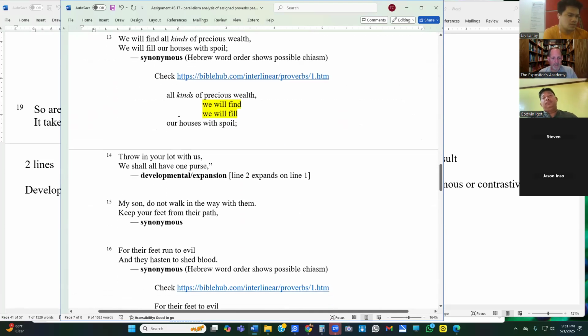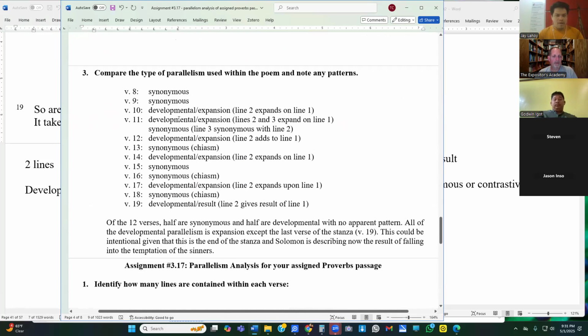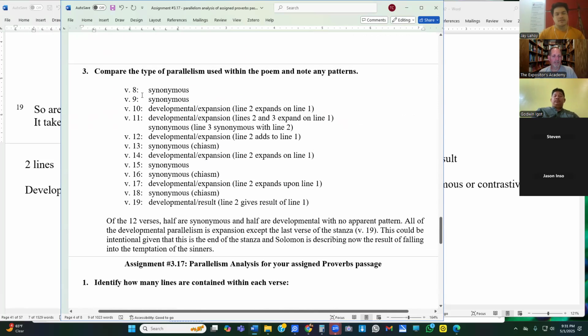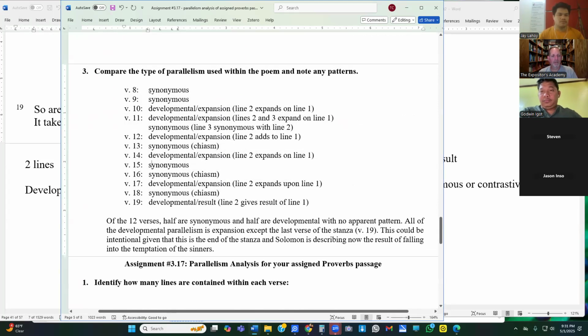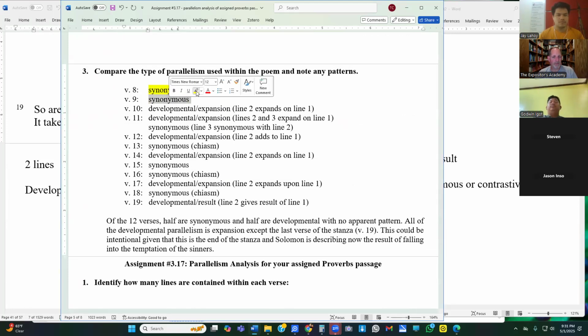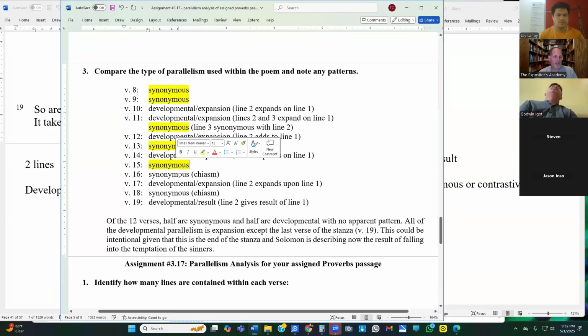And then the third step, there's one more, is to now take those and just put it all together, summarize them, put them together in one spot so you can see. In this case, we notice we have synonymous, synonymous, synonymous, synonymous. So we want to just look to see, is there any patterns?